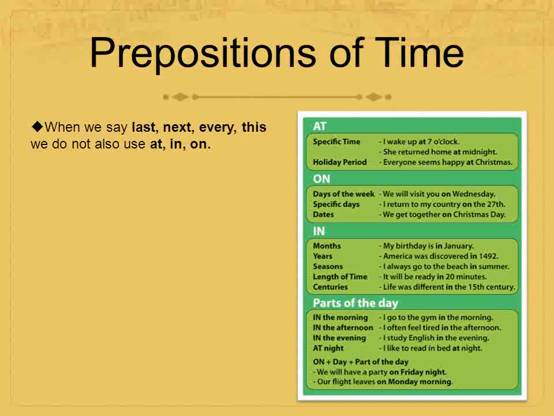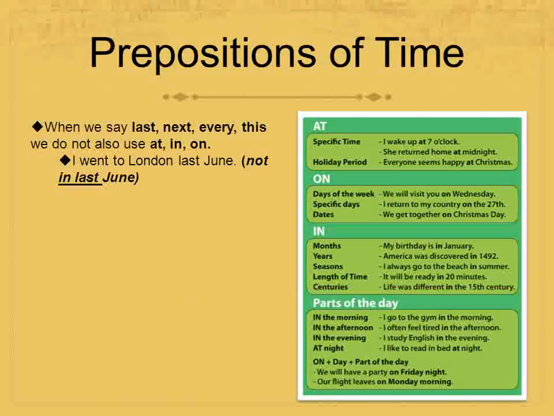Just a little special rule here. Whenever you have words like last, next, every, this, we don't put the two of them together. We use one preposition for the whole sentence. So let's look at a couple examples. Here we have, I went to London last June.